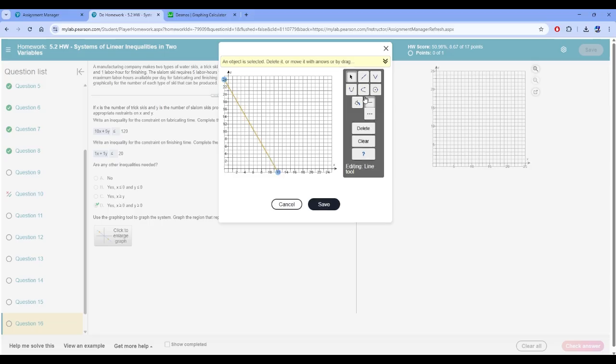So that's the first one, and that's going to be less than, obviously, and the second one is going to be 1y.